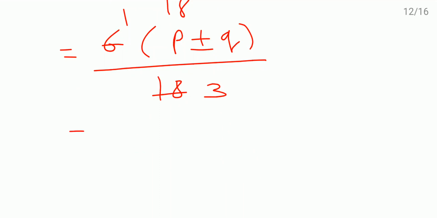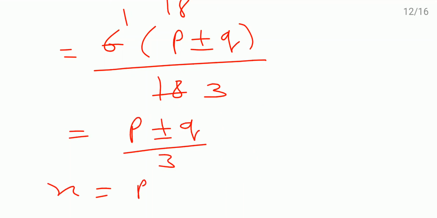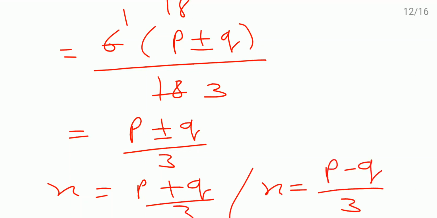So here p plus and minus q divided by 3. So the value of x is equal to p plus q by 3 or x is equal to p minus q by 3. So we get 2 roots of the given equation.